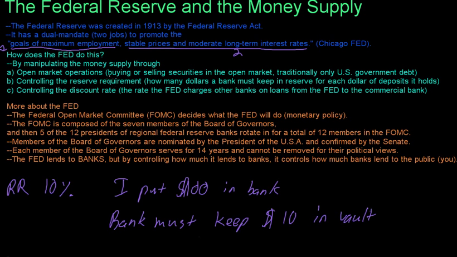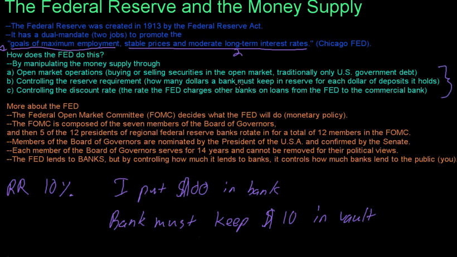So then I want to give you a little more background about how the Fed actually works. The decision-making body for the Fed is called the Federal Open Market Committee. They decide what monetary policy will be, which is really what the Fed will do. So they decide on these 3 things, and on how much the Fed is going to change any of these things.